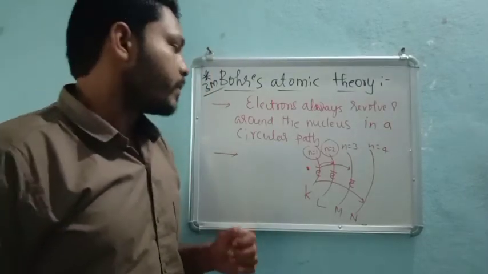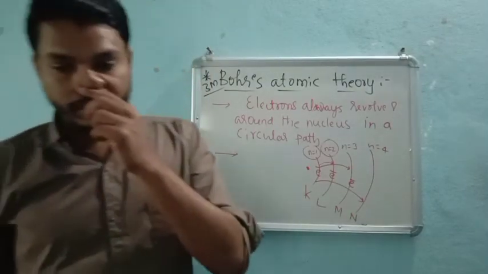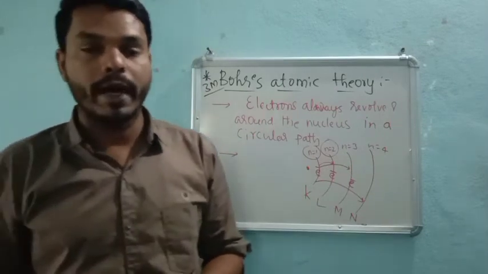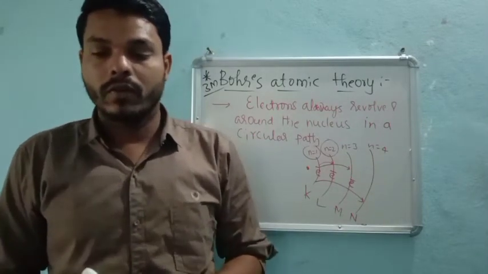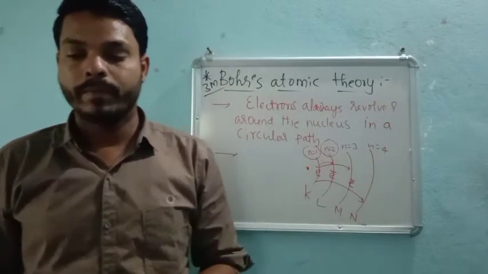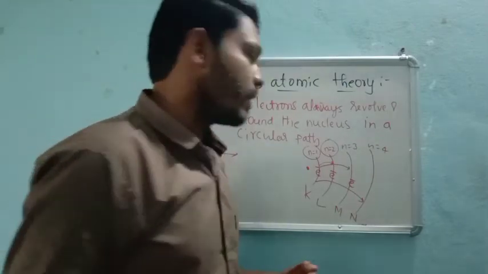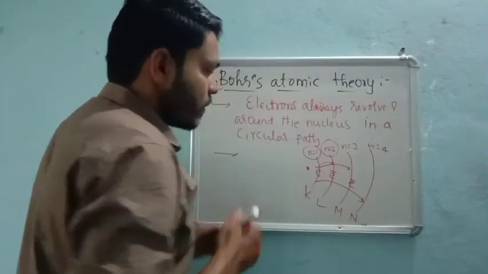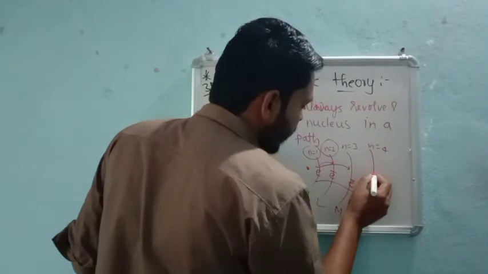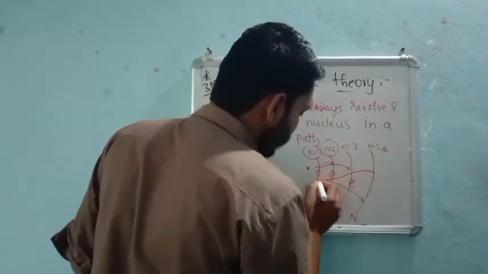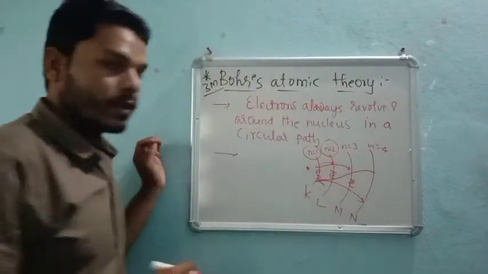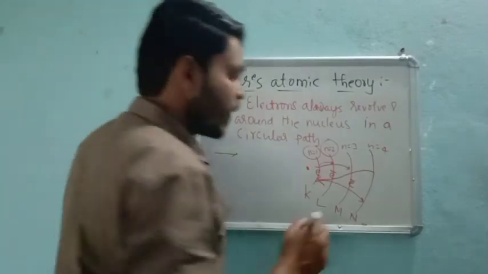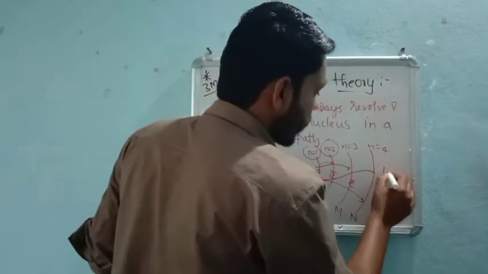And the next point: when the electron jumps from higher energy to lower energy level, then the energy is emitted. That means loss. Whenever the higher energy electron bounces back to the lower energy, there is a loss of energy, very important.